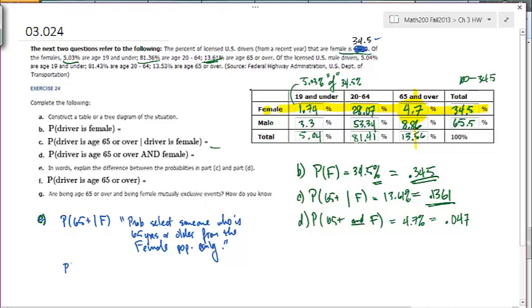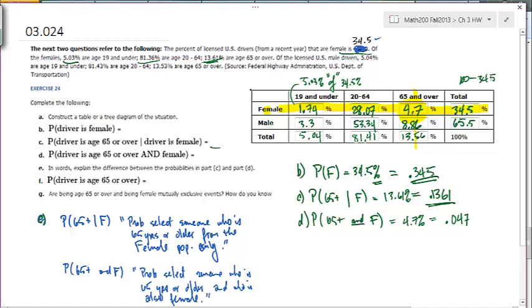On the other hand, when we say probability 65 plus and female, this is the probability that we select somebody who is 65 years or older and who is also female.